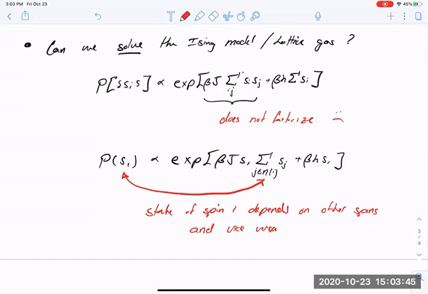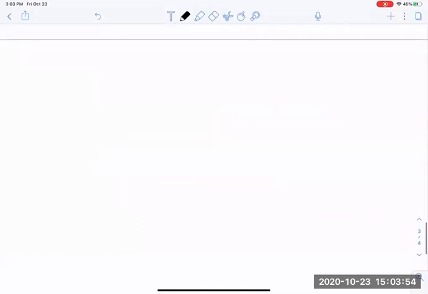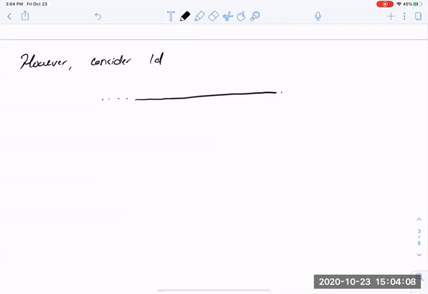However, while this is indeed true, in one dimension there's a trick. So what would a one-dimensional Ising model look like, where we have some one-dimensional lattice?